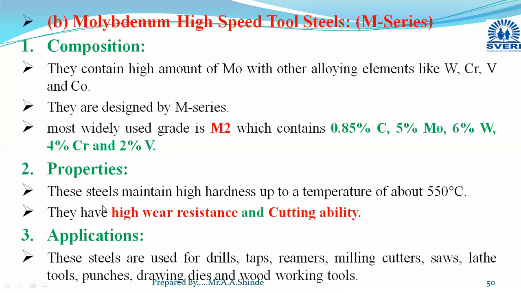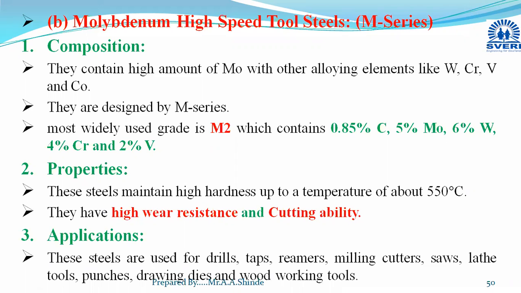These molybdenum type high speed tool steels, or M series tool steels, are used for manufacturing different kinds of drills, taps, reamers, milling cutters, saws, lathe tools, punches, different kinds of drawing dies, and different woodworking tools which we use in the carpentry shop.